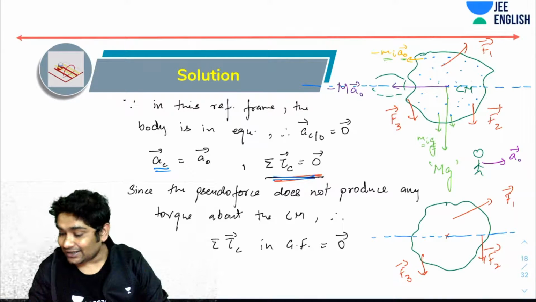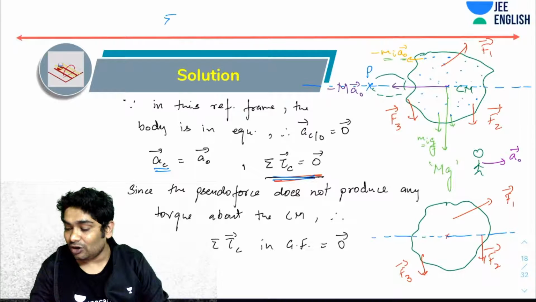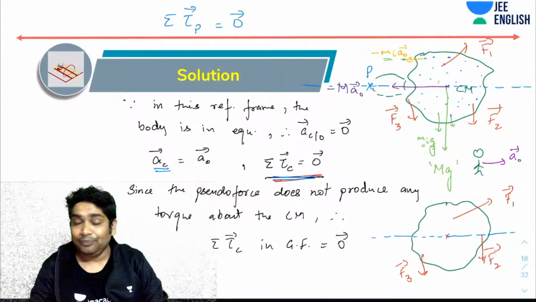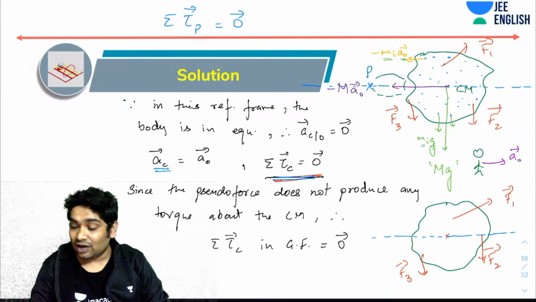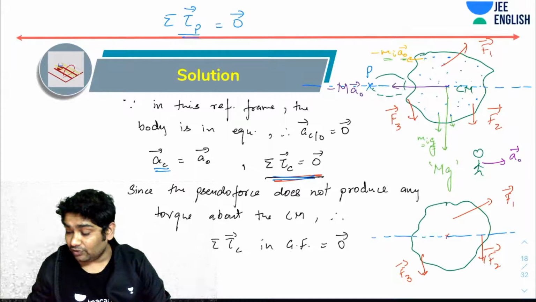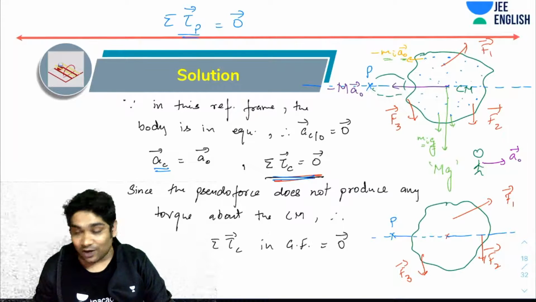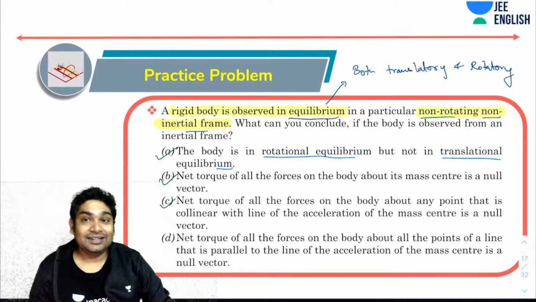So can I say at any point P on this line, the summation of tau about P must be equal to 0? This tau would be due to all the other forces, right? So it will be holding true in the ground frame also. That is why option C is also correct.